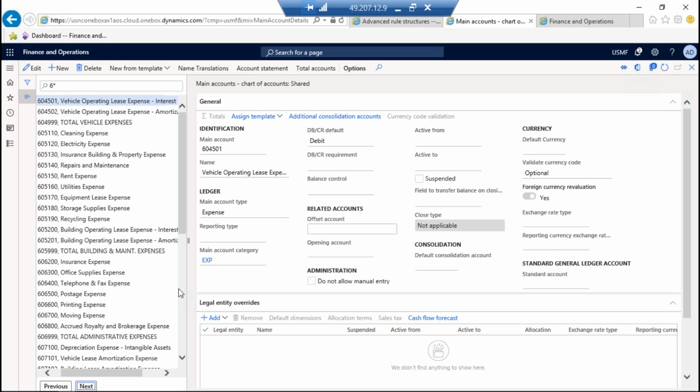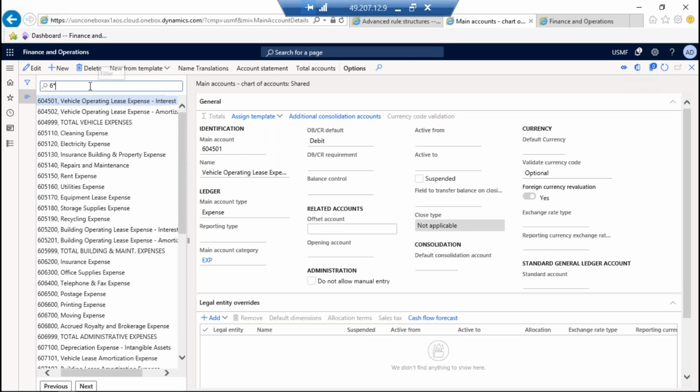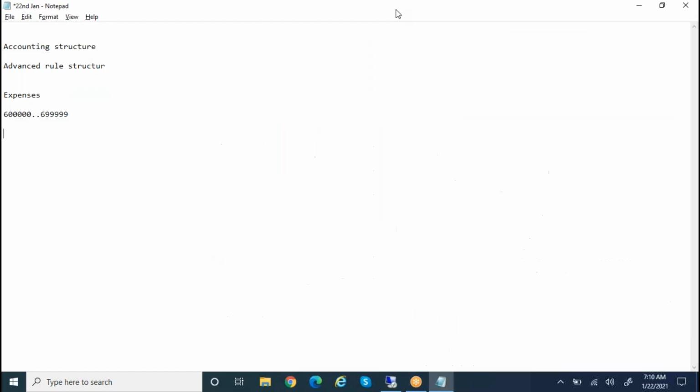Let me verify travel expenditure. Can you help me where it is available? Travel expenditure. Otherwise, I can filter by travel. Travel expenditure is 601500.